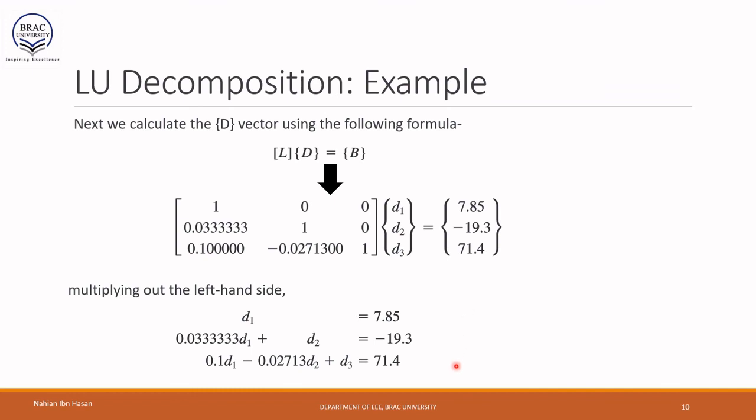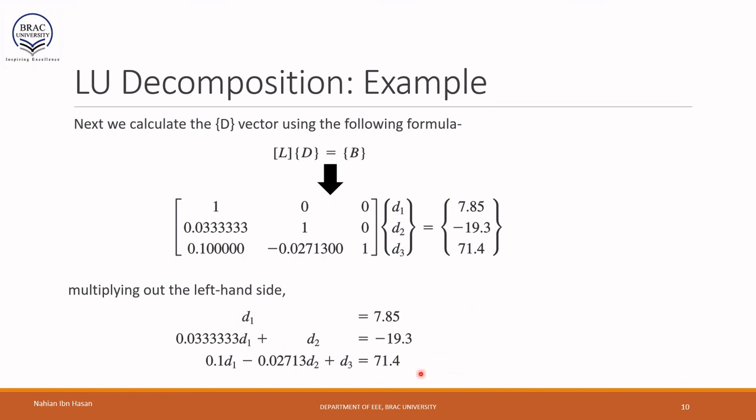In the Gaussian elimination approach, if you remember, we used the backward substitution method. That means we started from the last equation, then we gradually substituted the values into the higher equations.